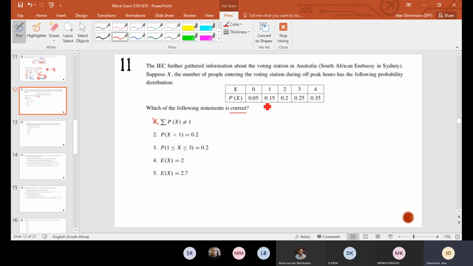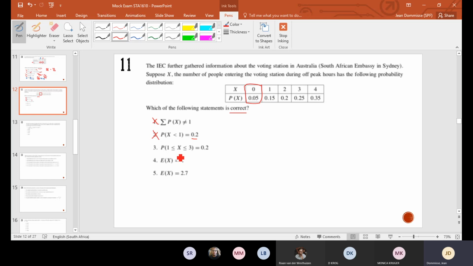So at least we know everything does add to 1. So the first one is incorrect. Probability that x is smaller than 1. Smaller than 1 means you only look at probability of x equal to 0. So that should be 0.05 and not 0.02. So that one is also incorrect.